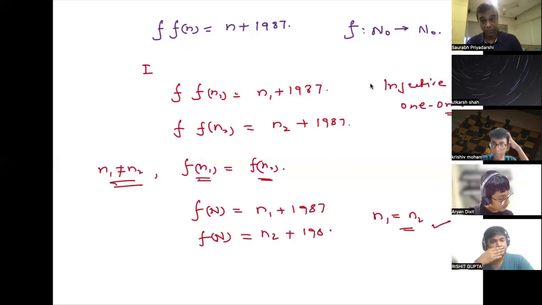The function f of n or f of x must be x plus c. Now apply this x plus c in this. So what value of c are you getting?